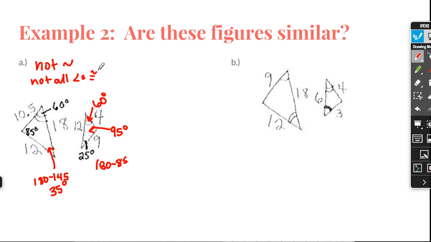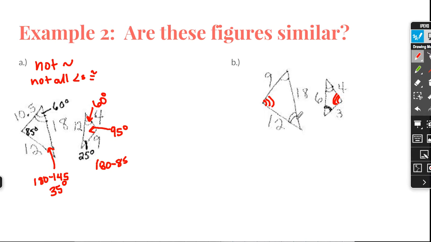In the next figure, we have some markings. This angle is congruent to this angle, and we have a second set of congruent angles. If we know that these are the same, then since we have two sets of congruent angles, we know that the third angle will also be the same, just because of that angle sum of 180 degrees. So we need to check our proportional sides.